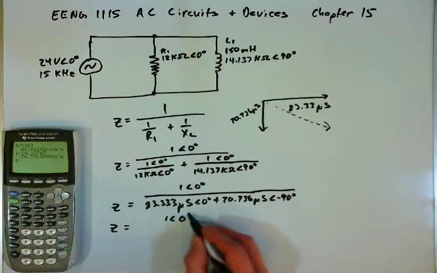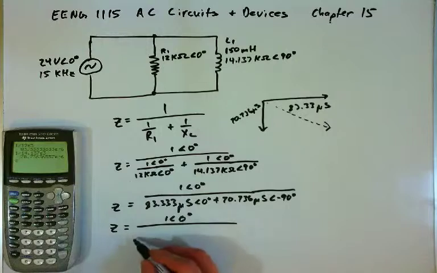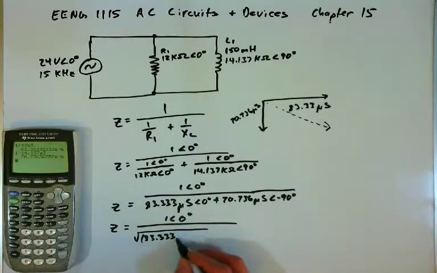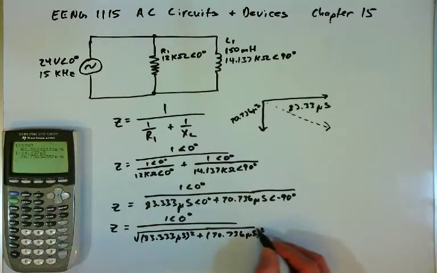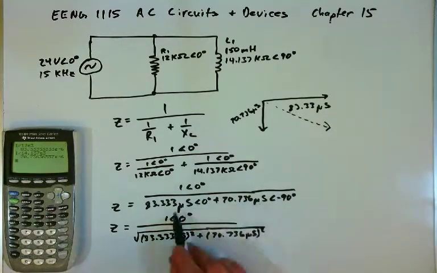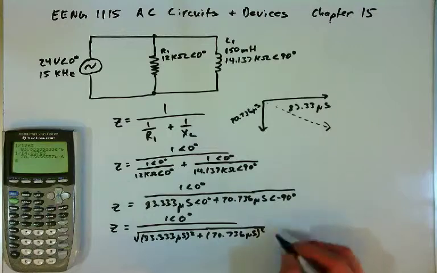And so we'll have 1 at 0 degrees divided by the square root of 83.333 micro Siemens squared plus 70.736 microsiemens squared. That will be the magnitude of the sum of these vectors.